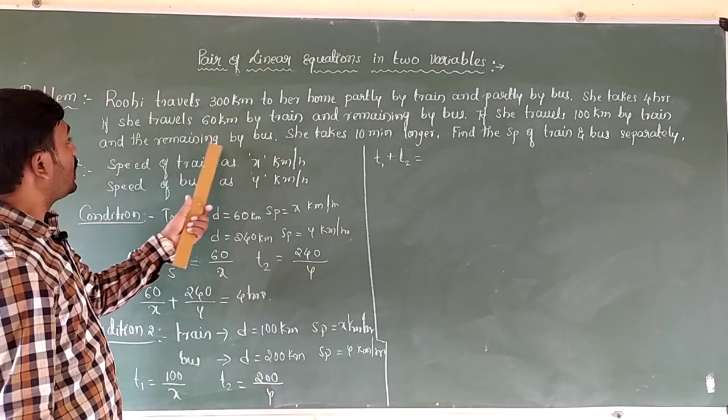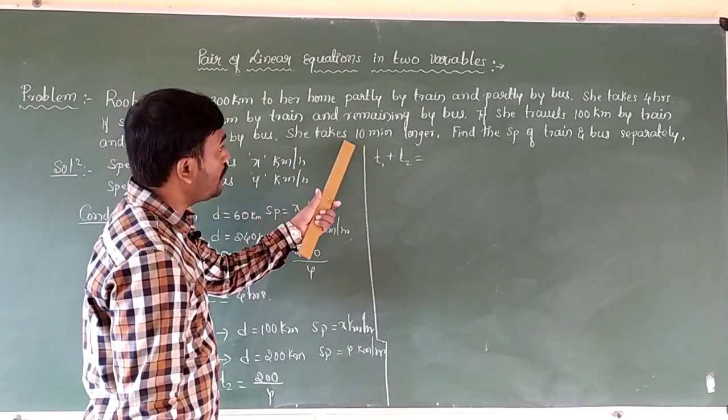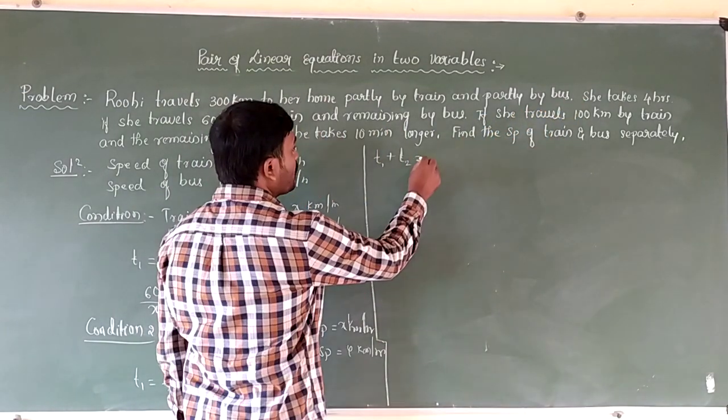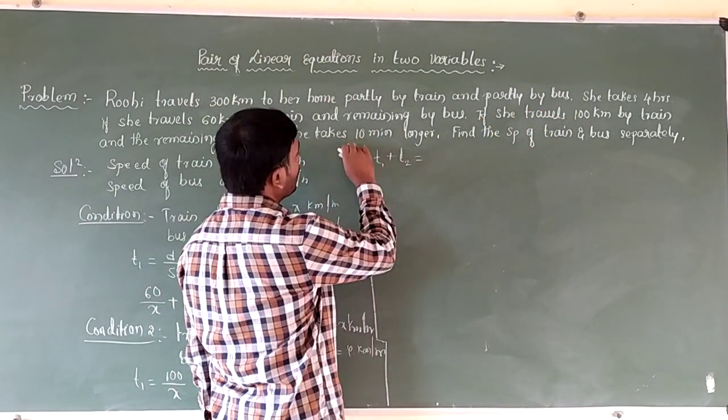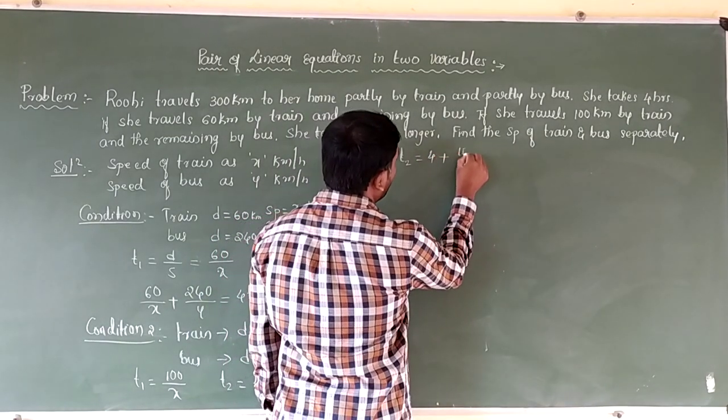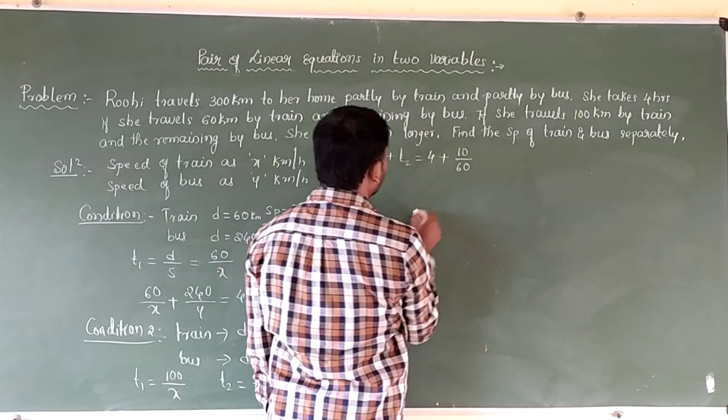Remaining by bus, she takes 10 minutes longer. 10 minutes longer of what? 4 hours. So we have to convert minutes to hours. So it becomes 4 plus 10 by 60.